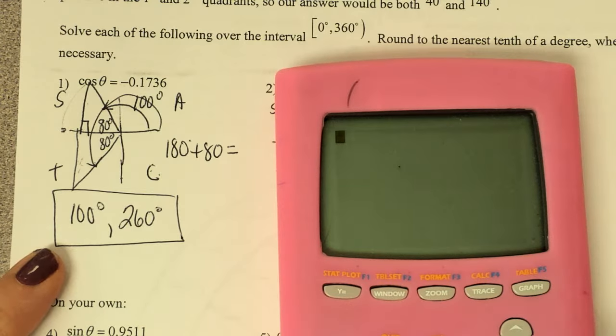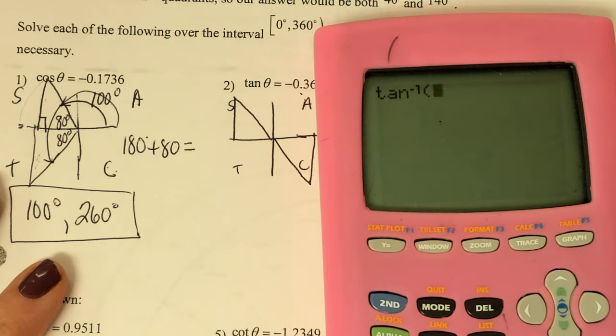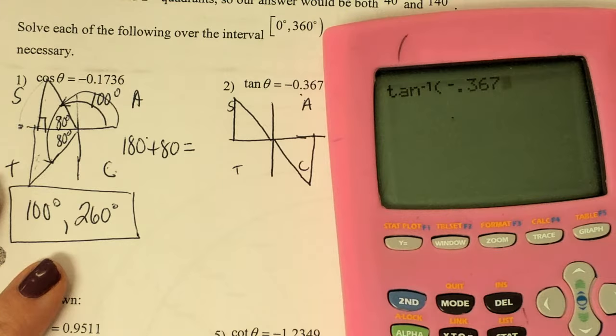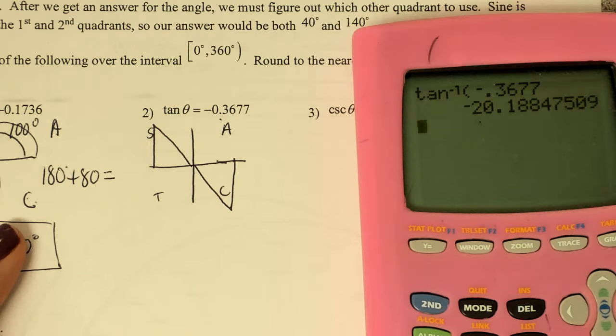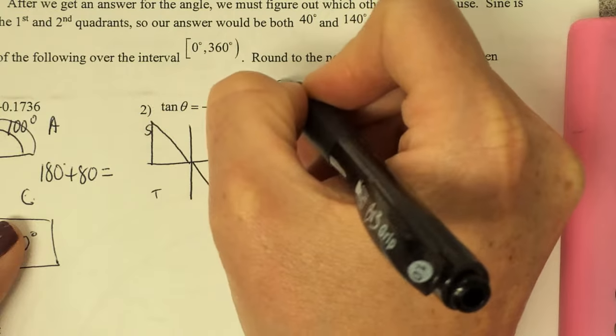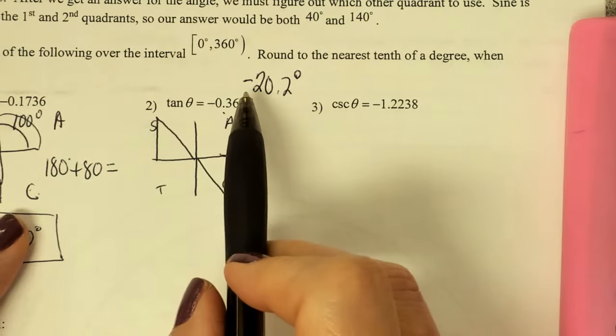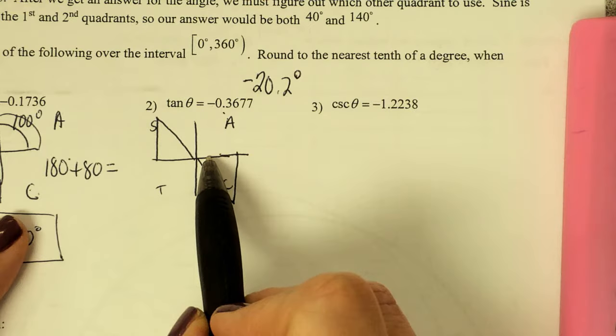So now I go to my calculator, and I do second tan of -0.3677. And it gives me this answer, negative 20.2. Now, the reason it gave me a negative answer is because it's trying to tell me the closest angle.